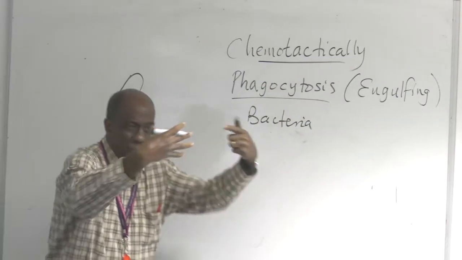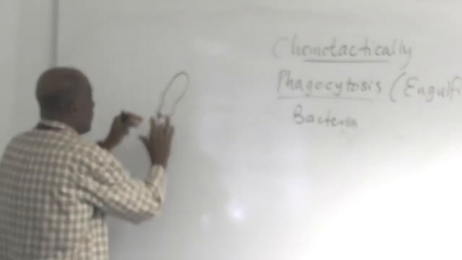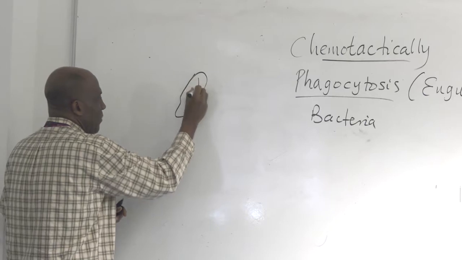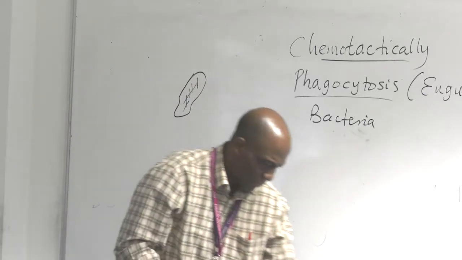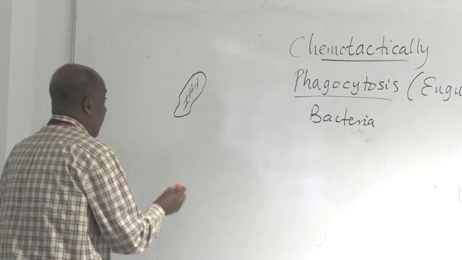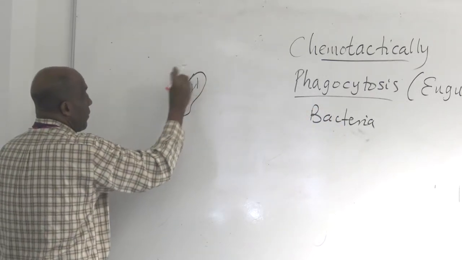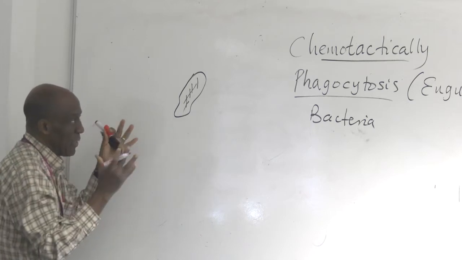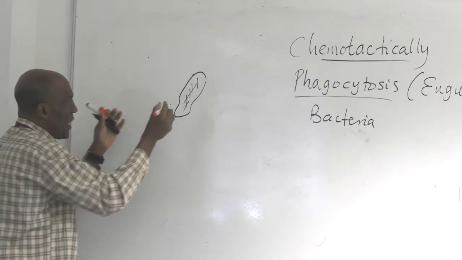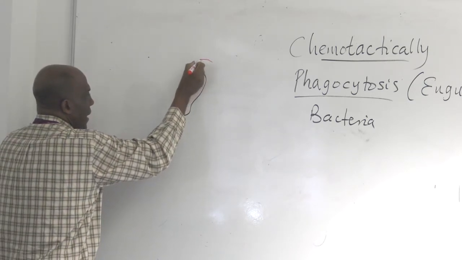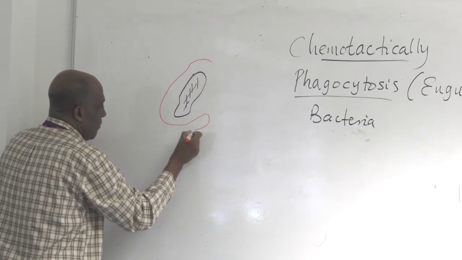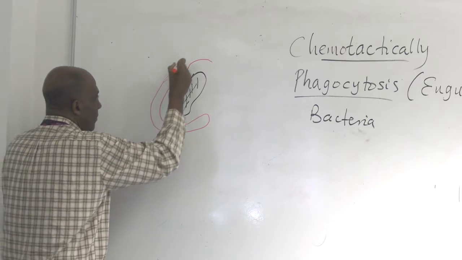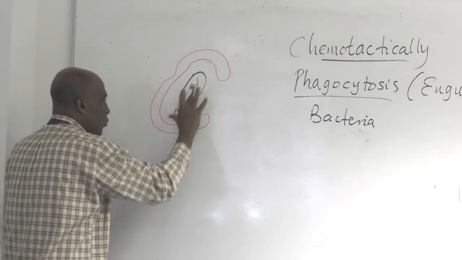It engulfs the microbe. So if you imagine this as the microbe, which has entered, the neutrophil will have to change shape. Its shape will change, and then it will engulf it. It will engulf the microbe.